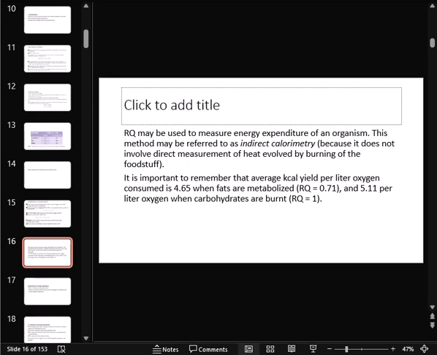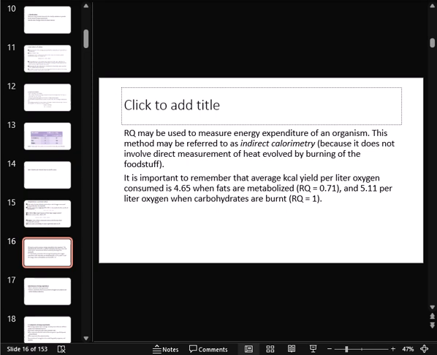So it is important to remember the average kilocalorie yield per liter of oxygen consumed. For fats, it is 4.6. Remember that the respiratory quotient for fats is 0.71.